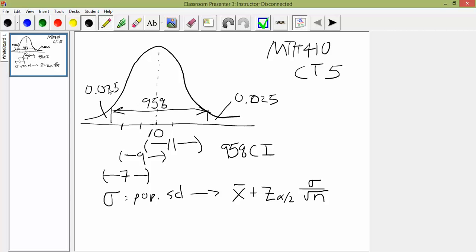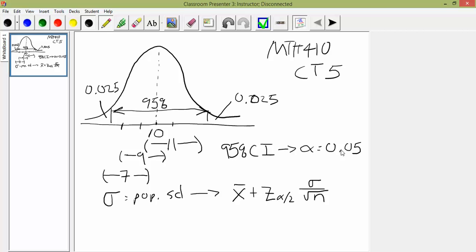And you add these three numbers together, 0.025, 95%, and 0.025, and you get 100%. So that's why if our confidence interval is a 95% interval, then alpha equals 0.05.